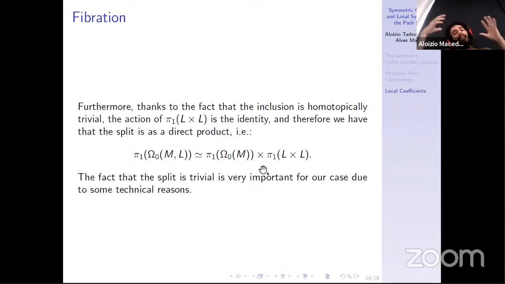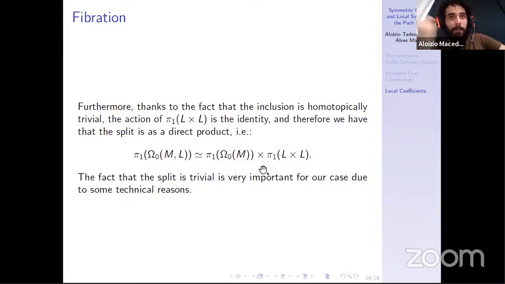Furthermore, not only do we have this section, but the fact that the inclusion is homotopically trivial makes the action to be the identity. And as you may recall, the existence of a section is not sufficient for the middle of the exact sequence to be the product of the left and the right parts. It's a semi-direct product, but in this case, due to the action being the identity, it will be a product.